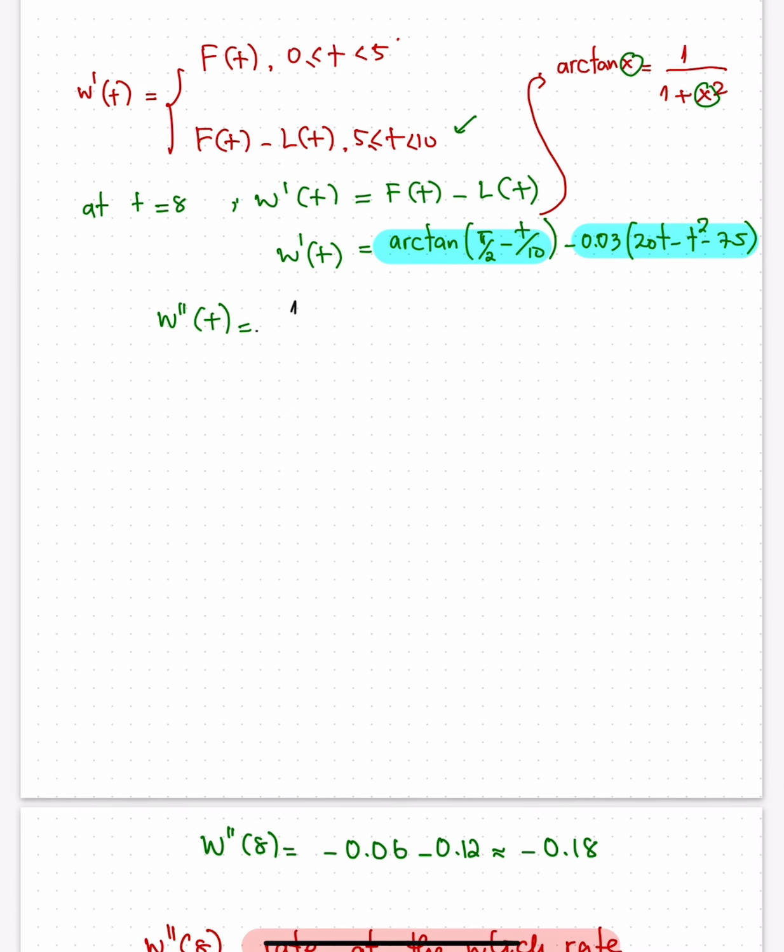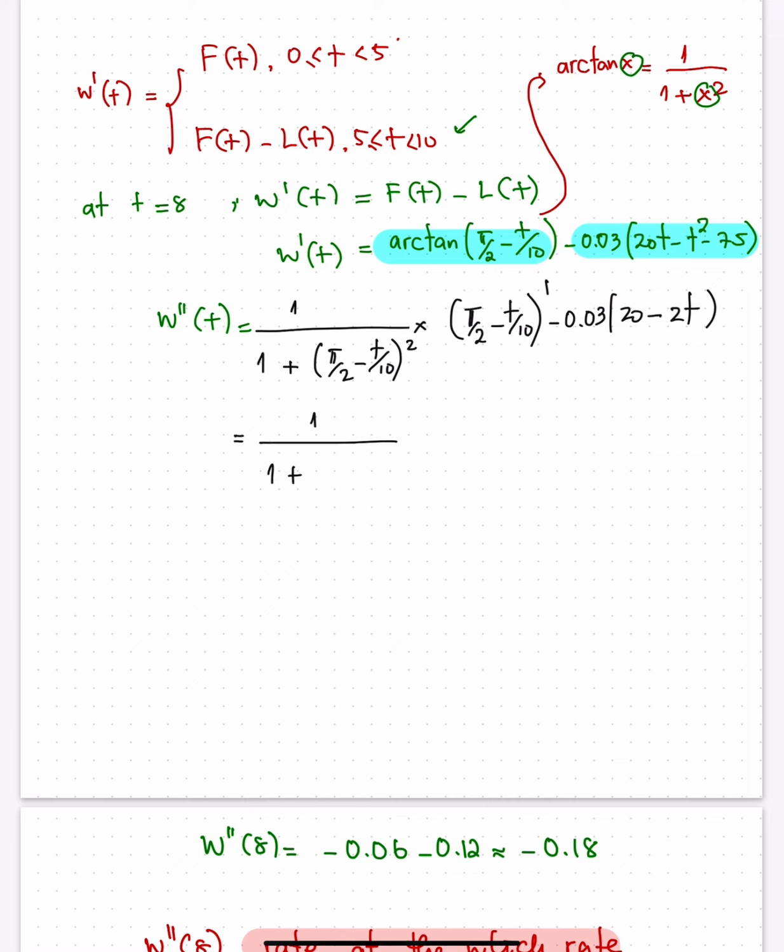That will be 1 over 1 plus (pi over 2 minus t over 10) squared, times the derivative of (pi over 2 minus t over 10), and minus 0.03 times the derivative of (20t minus t squared minus 75), which is 20 minus 2t. So that will be 1 over 1 plus (pi over 2 minus t over 10) squared, times negative 1 over 10.